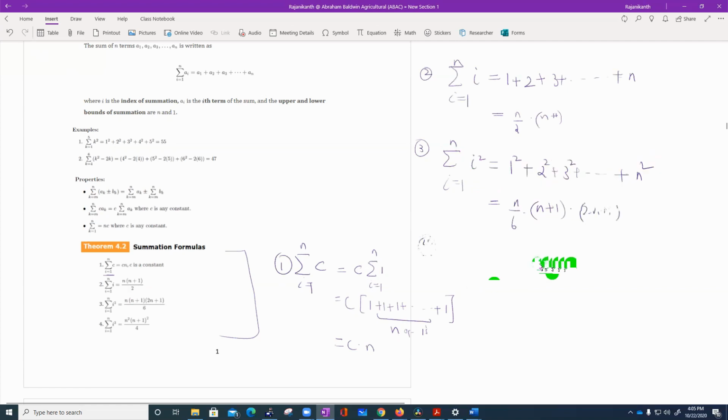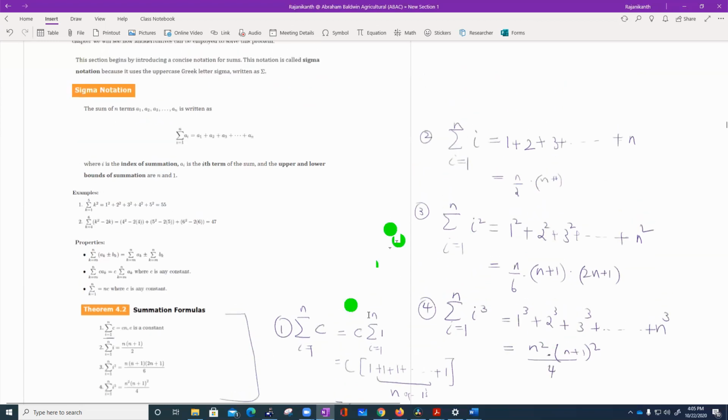And the last formula, again i from 1 to n, but now you are adding the cube of the number: 1 cubed, 2 cubed, 3 cubed, and so on up to n cubed. The formula says this is n squared times n plus 1 squared over 4.